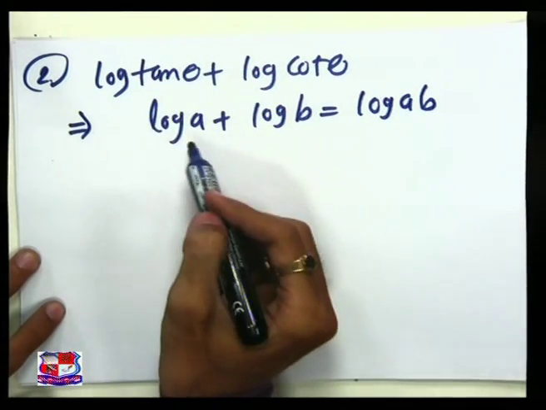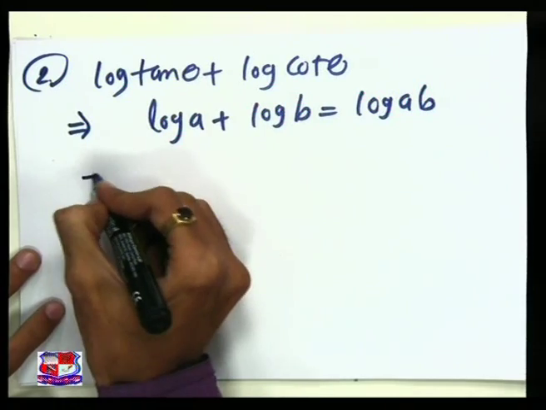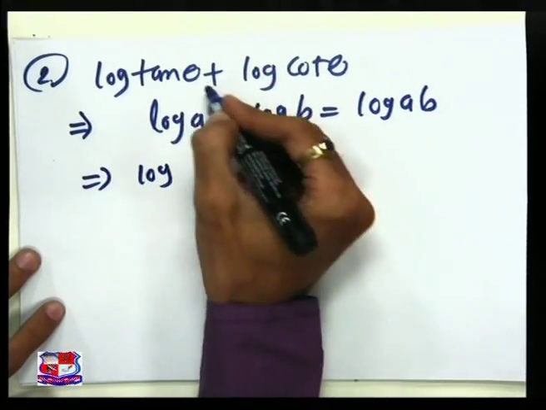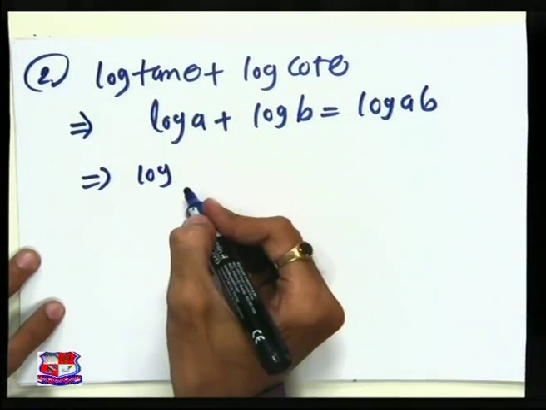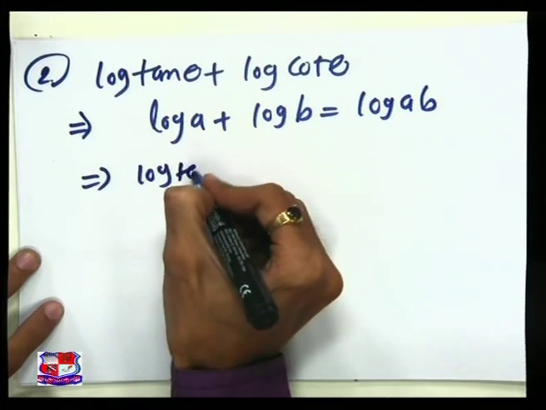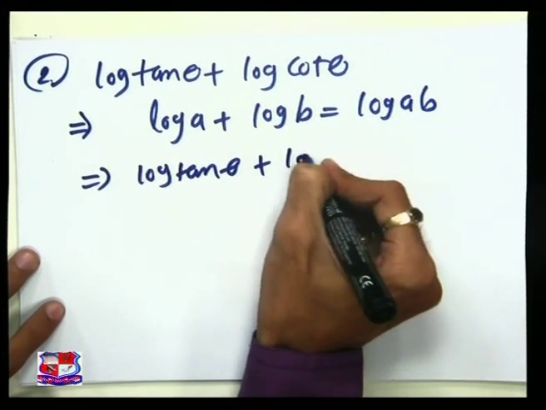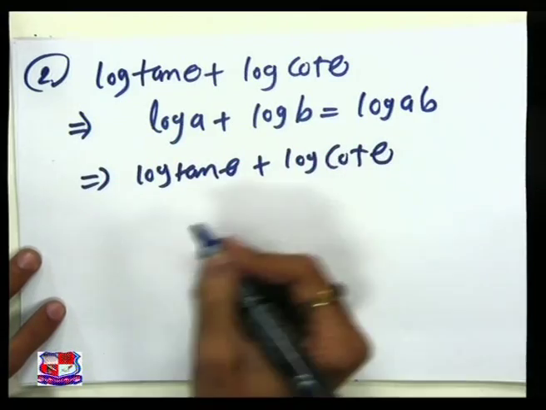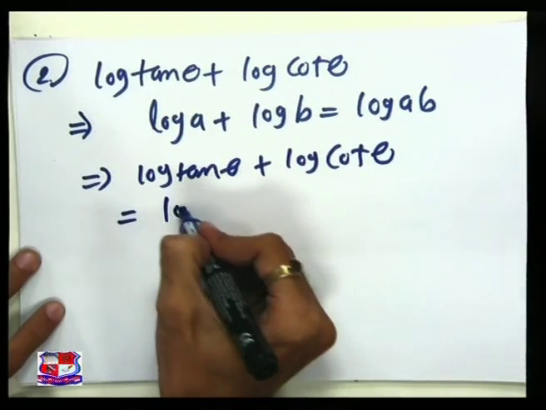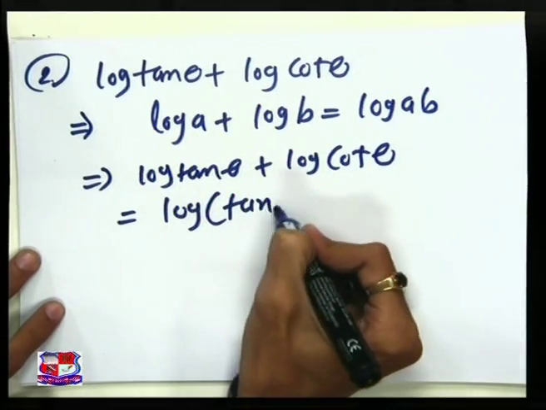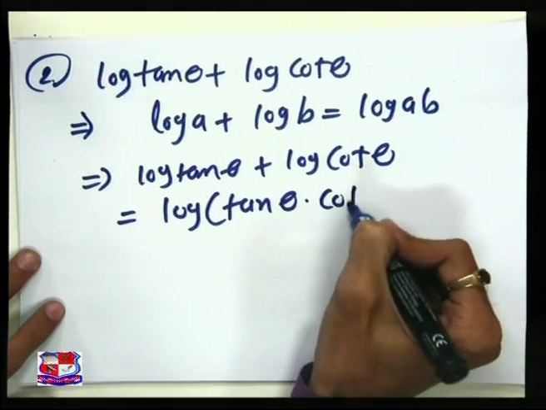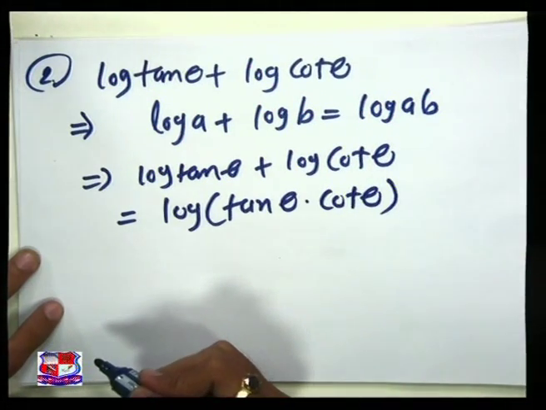If we use this property over here, then log tan theta plus log cot theta will be log tan theta into cot theta, right?